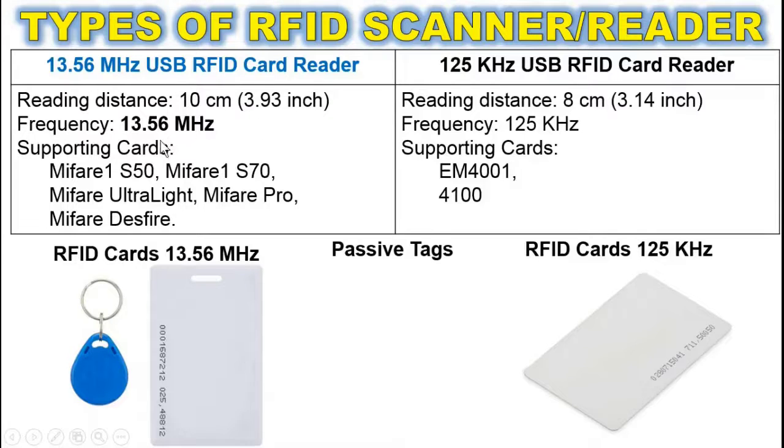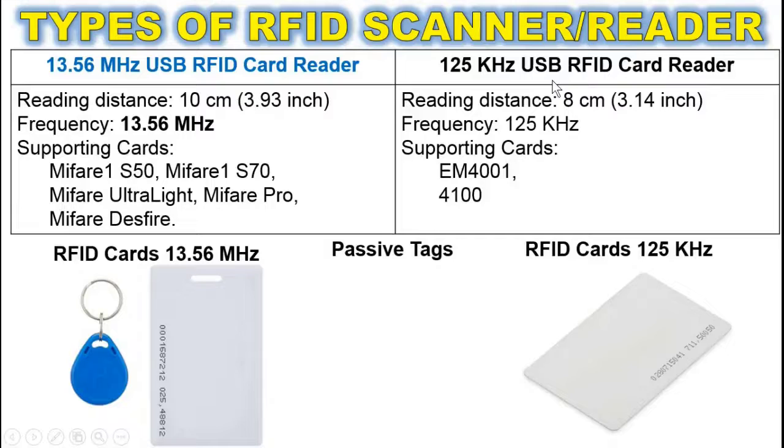Its frequency is 13.56 MHz, and it supports the following radio frequency ID cards such as MIFARE 1S50, MIFARE 1S70, MIFARE Ultralight, MIFARE Pro, and MIFARE Desfire. The second type is the 125 kHz USB radio frequency ID card reader.